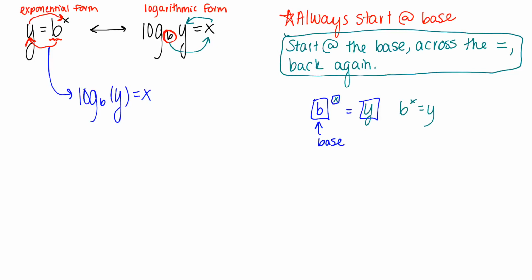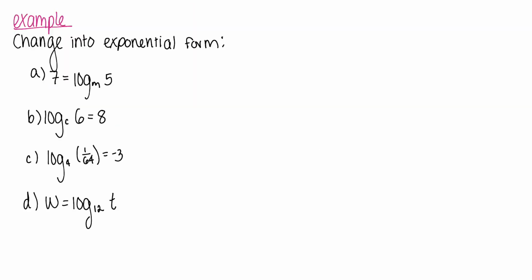Okay, let's do several examples. All right, let's change some logarithmic equations into exponential equations. So we're going to use this loop-de-loop trick. So here, remember exponential form, the base is here, right? This is base. This is an exponent, and it equals an answer. Right. Start at the base, across the equals, back again.